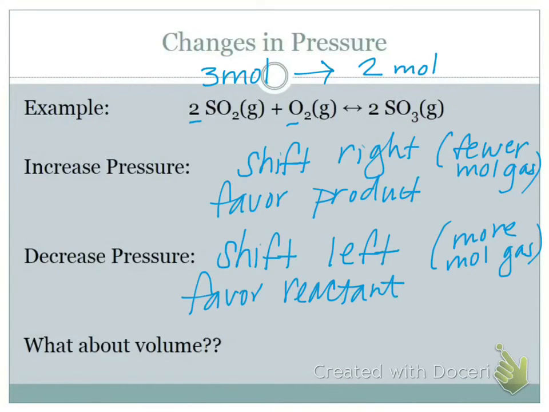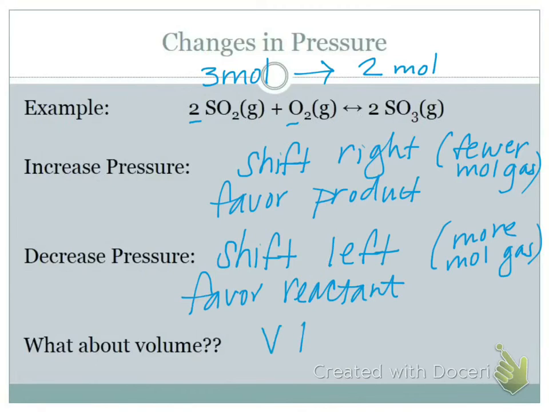Now, if I'm talking about a system that's all gases, how would changing my volume affect it? Because if I increase my volume, what did I just do to my pressure? I decreased pressure. So if it's asking about volume in gases, think of it in terms of pressure, because remember, they're inversely proportional.